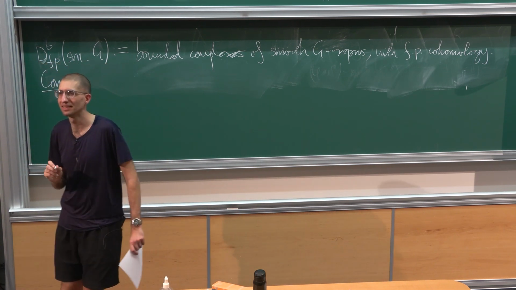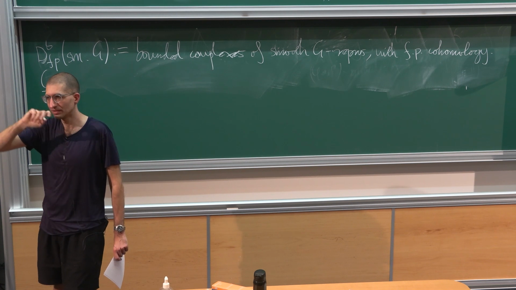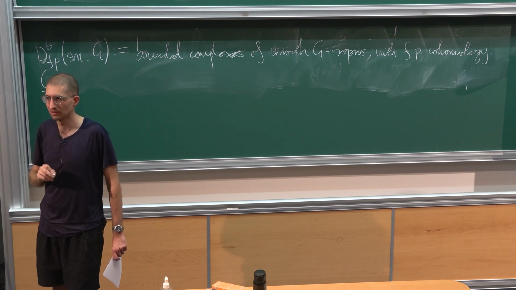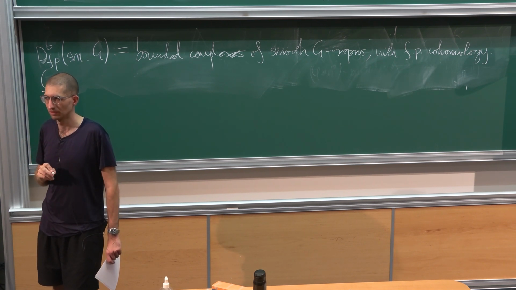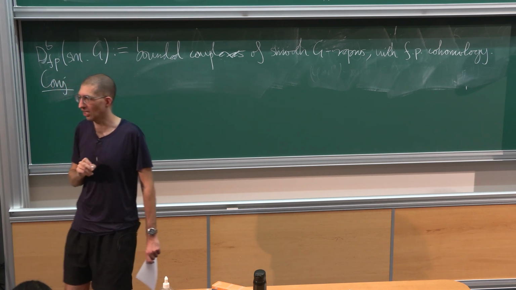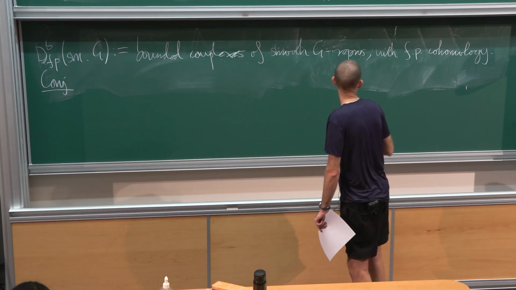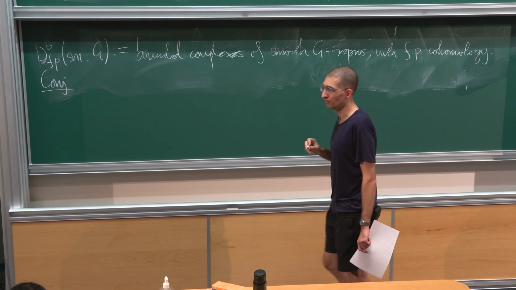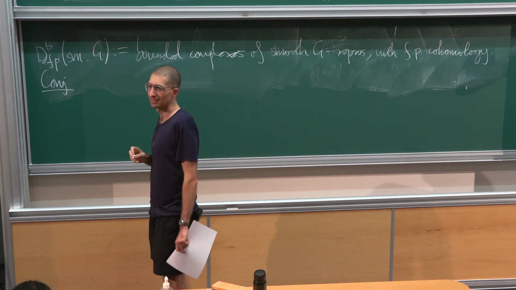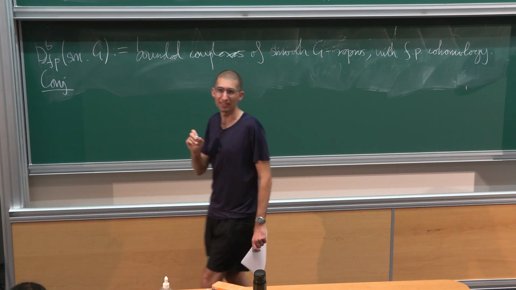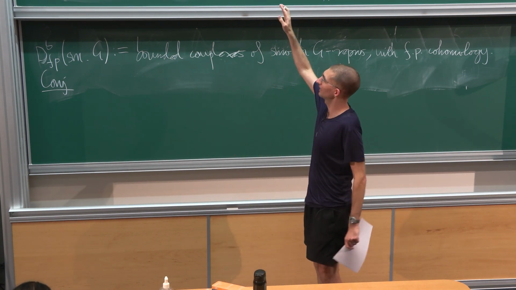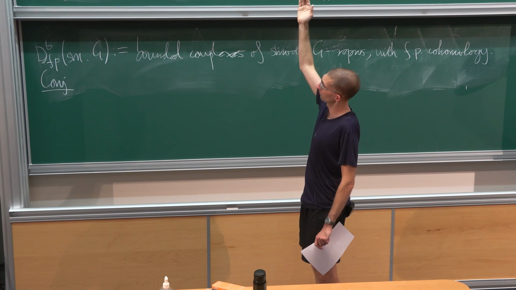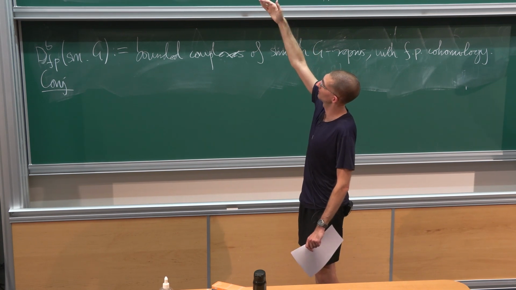If I'm given finitely presented modules over this ring, do I automatically know it's a smooth representation? The question is, are finitely presented modules over this ring smooth? It's not automatic. The finitely presented modules are not all smooth representations.